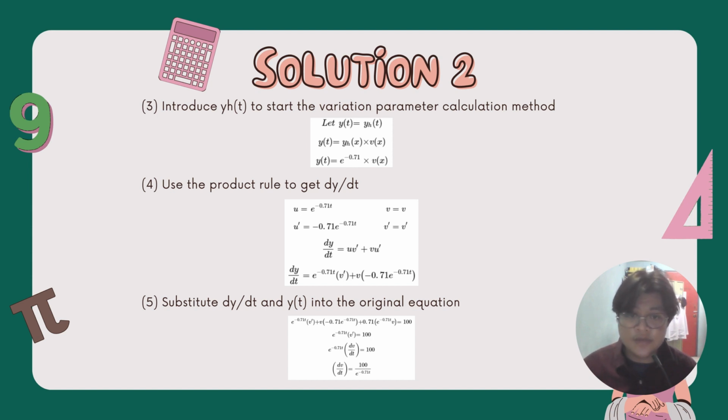Step number 4 is to use the product rule to get dy over dt. Then we get dy over dt equal to exponential negative 0.71t times v's first derivative plus v times negative 0.71 exponential negative 0.71t. Step 5 is to substitute dy over dt and y(t) into the original equation. Then we get dv over dt equal to 100 over exponential negative 0.71t.